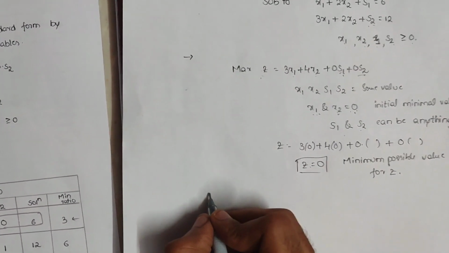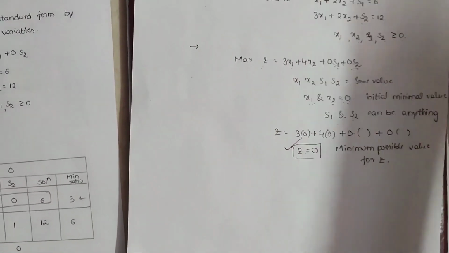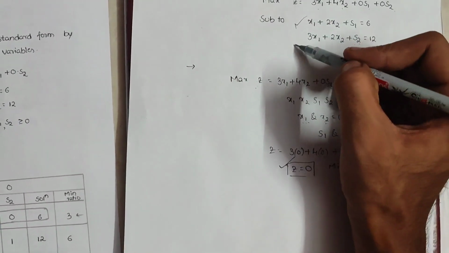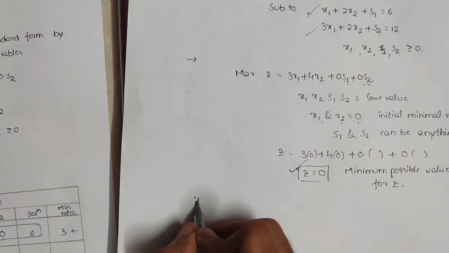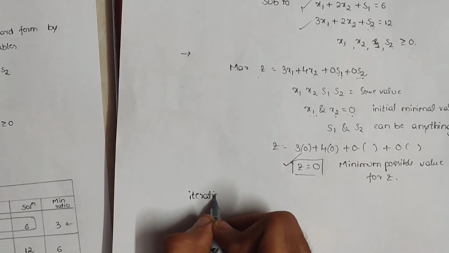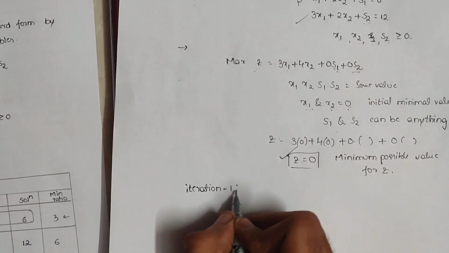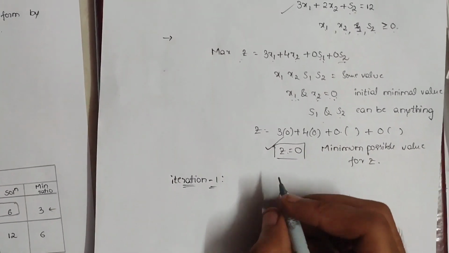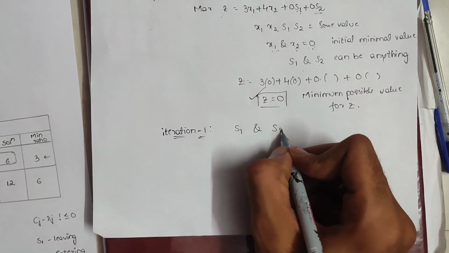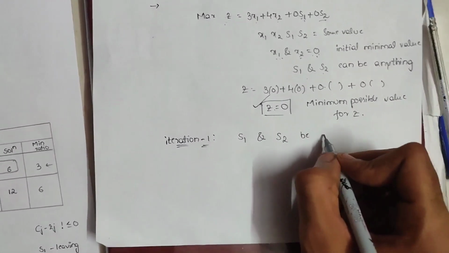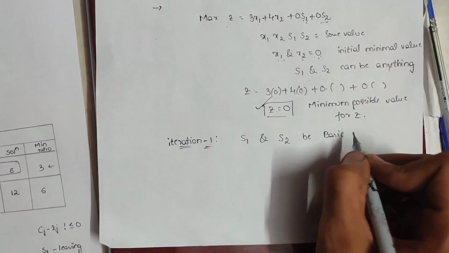So let us try to maximize z from 0 until the above two constraints are satisfied. Let us take the first iteration, 1. Let us consider s1 and s2 be basic variables.